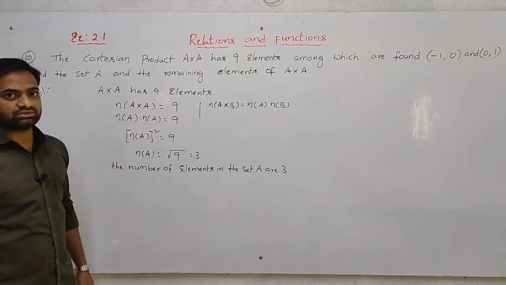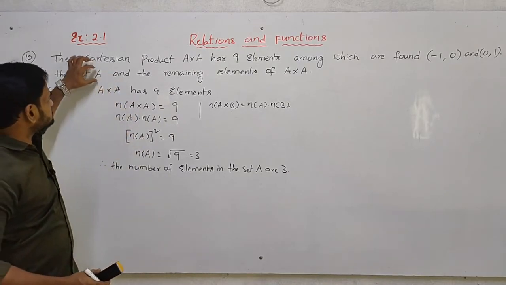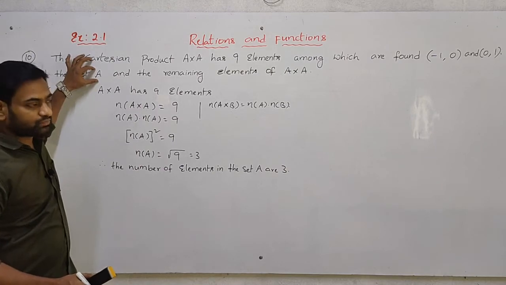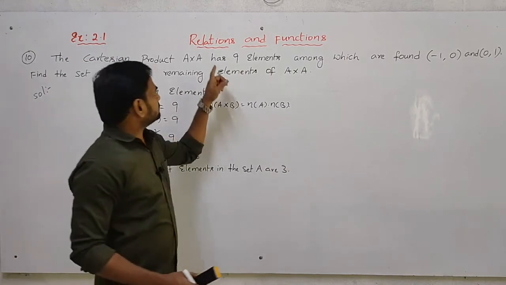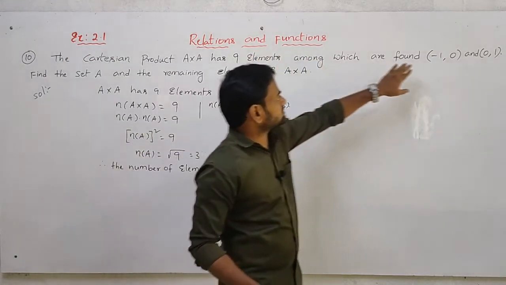Now what are the 3 elements? First we have to find that, that is the set A. Now see here, this A cross A contains these elements.